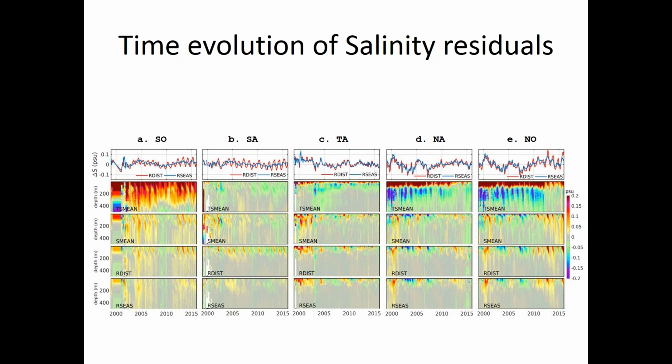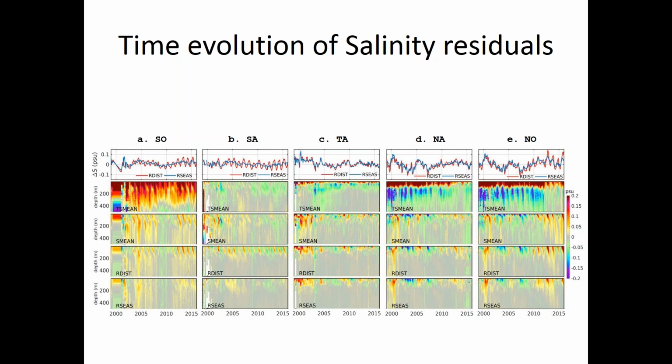So from 2000 to 2015 on the x-axis, and here is depth from 0 to 500 meters. And on the top here, just for the regression methods, is the average of the salinity residues in just the top 150 meters, which is very near the surface, where we have more influence of the seasonality.